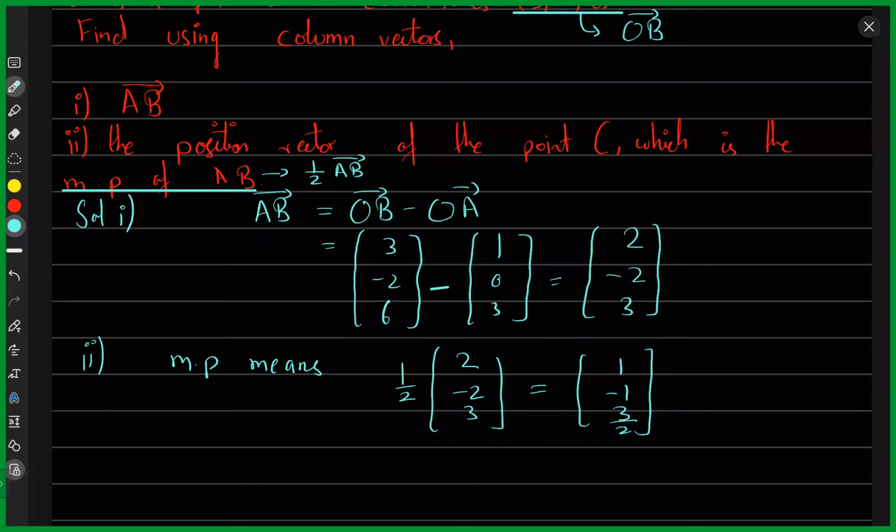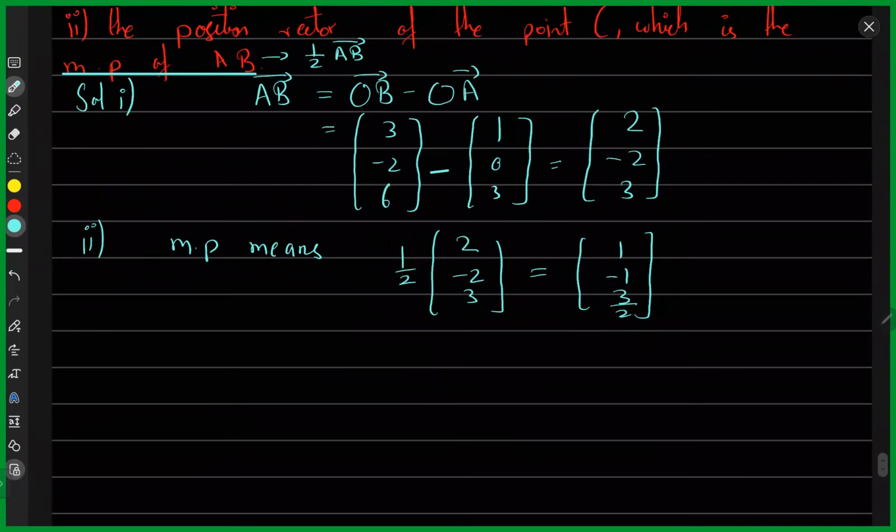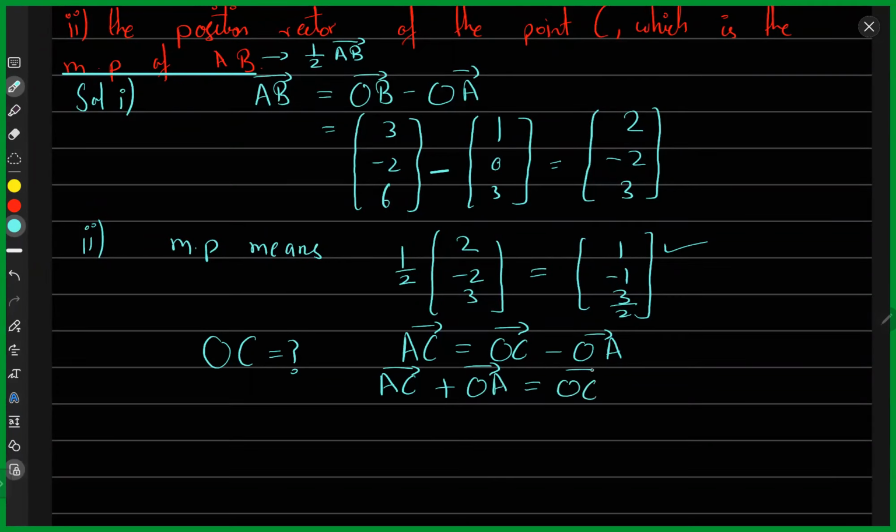All right. Okay. So this basically meant that we were asked to find out the position vector of the point C, that was OC, and I know that AC is basically going to be OC minus OA. So for OC, I'll do the vector AC that I got by dividing AB by 2, plus OA, which I already have, and this is going to give me OC.